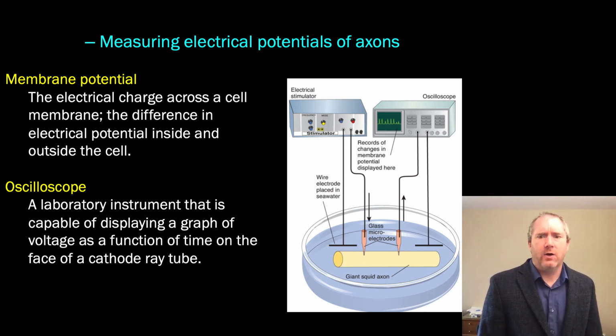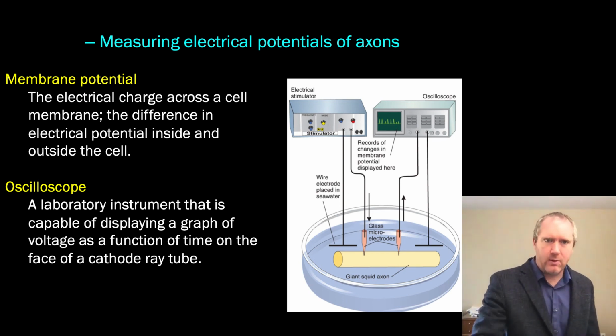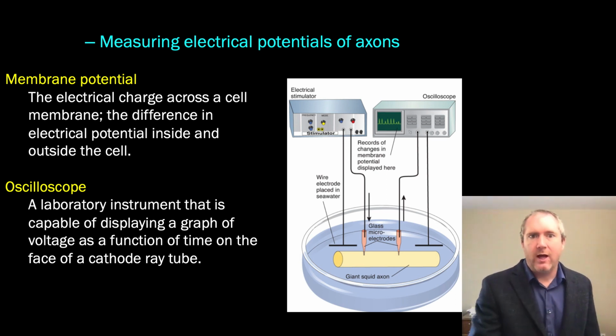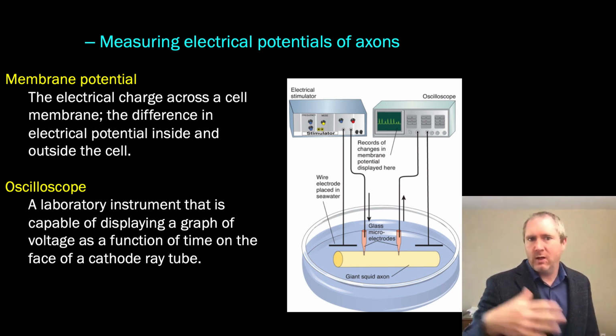The oscilloscope would be how you'd actually see the readout from the microelectrode. If the microelectrode were to detect changes in current or voltage, and you can either clamp to current or voltage and measure one or the other based on the concept of Ohm's law, the relationship between resistance, voltage, and current.